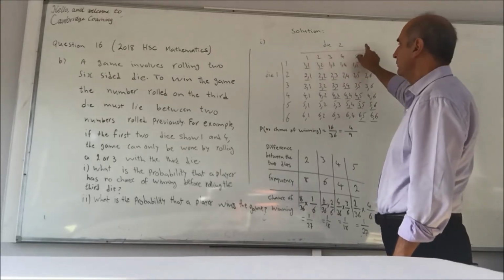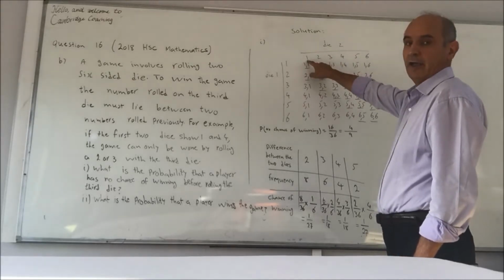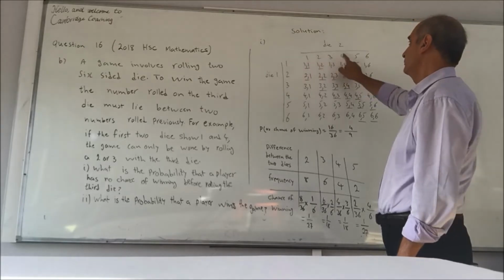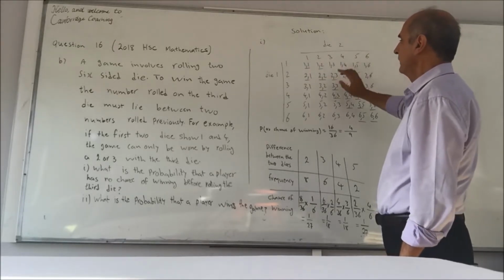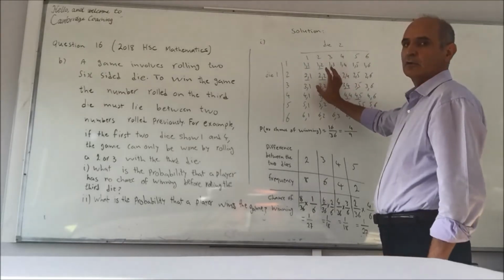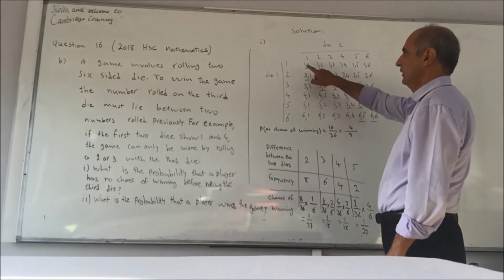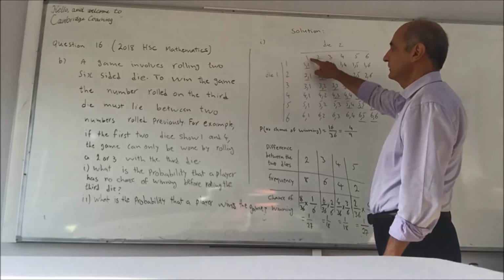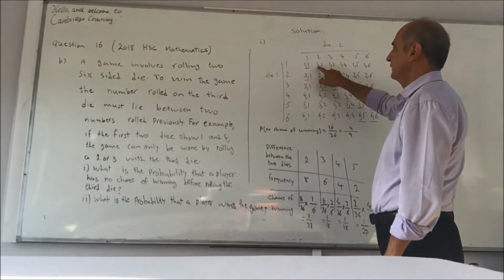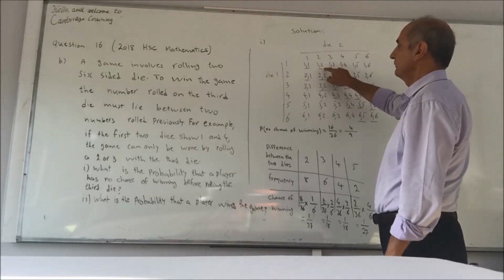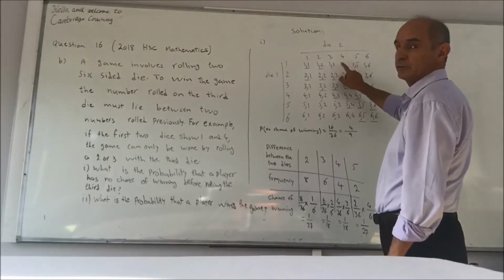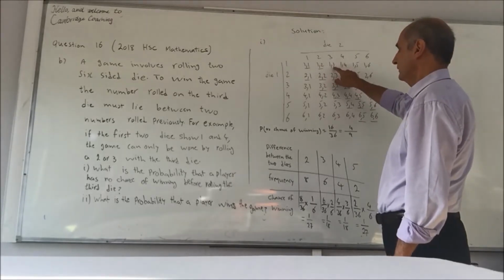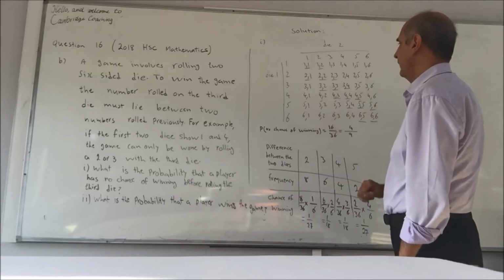Similarly, for die 2, I have the outcomes of 1 to 6. Then in the middle, we write all the possible combinations. So this 1, 1 means the first die is 1 and the second die is 1. First one is 1, second one is 2, and so on.